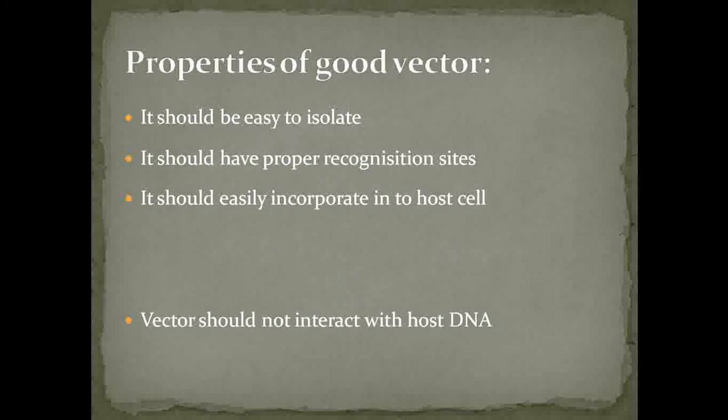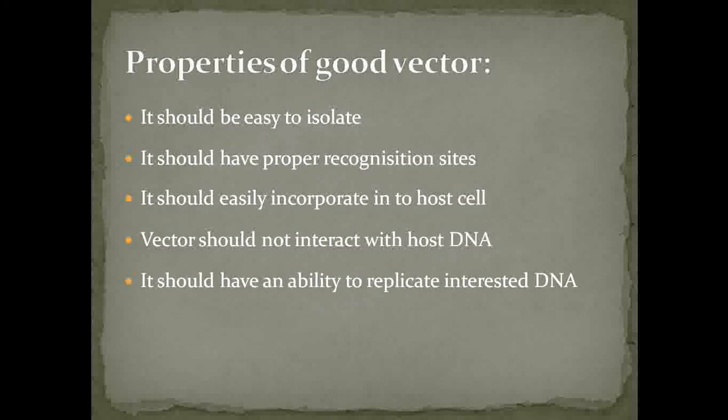Then see what the properties are, what type of vector you are going to choose to carry out recombinant DNA. The first important thing is that it should be easy to isolate. Then it should have the proper recognition sites to cut by the restriction endonuclease. Next, it should easily incorporate into the host cell. Then the vector should not interact with host DNA.